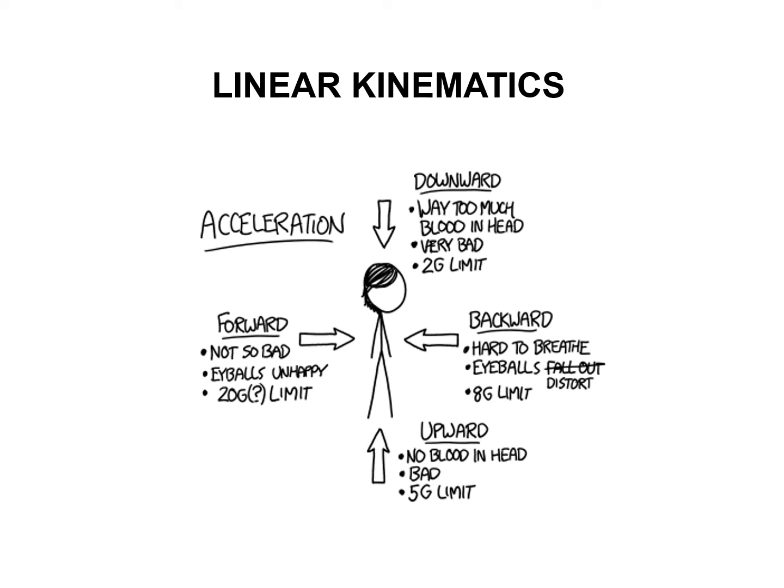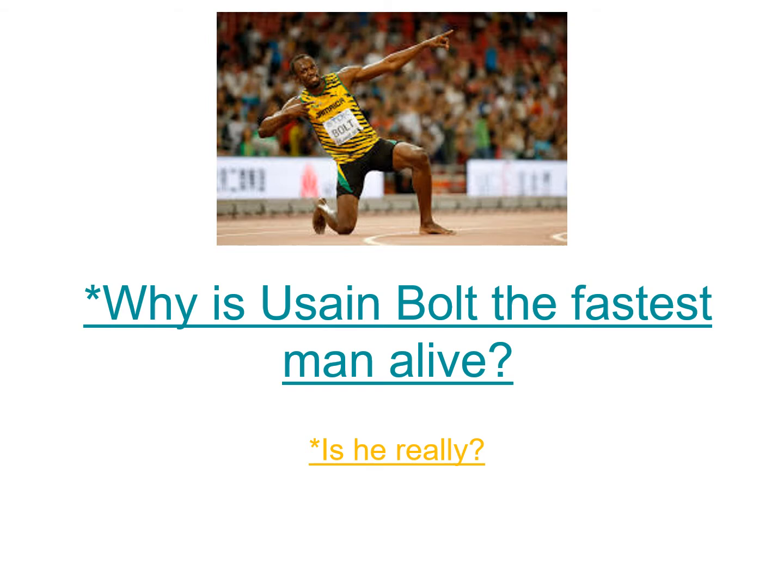So let's talk about why we look at linear kinematics. A good case study is that we want to look at kinematics to come up with a reason why Usain Bolt may be the fastest man alive. This video right here, I can't show it for this lecture, at least not through PowerPoint directly.